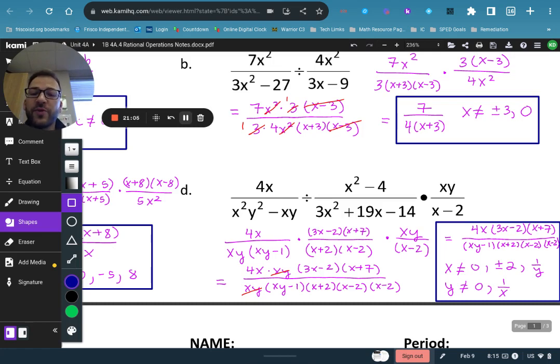Moving the 1 over, we get x times y is equal to 1. And then if we divided over x or divided over y, we'd get that x can't equal 1 over y, and that y can't equal 1 over x, which essentially means if x was 1/2 and y was 2, 1/2 times 2 would be 1, and then 1 minus 1 would be 0, which would be no good. So that's that little extra piece that we have here in D.